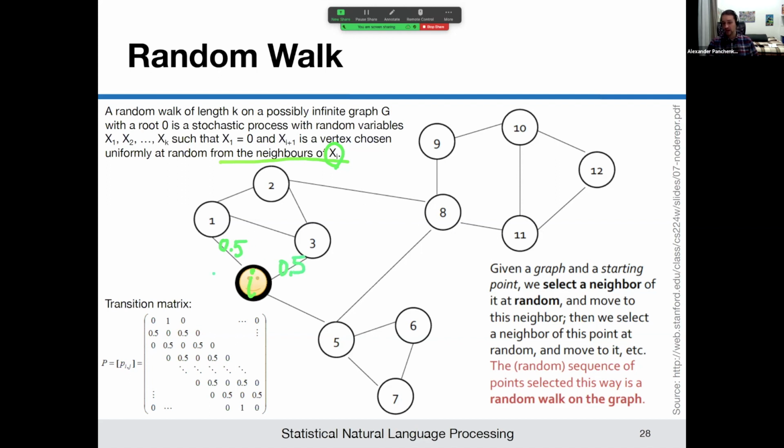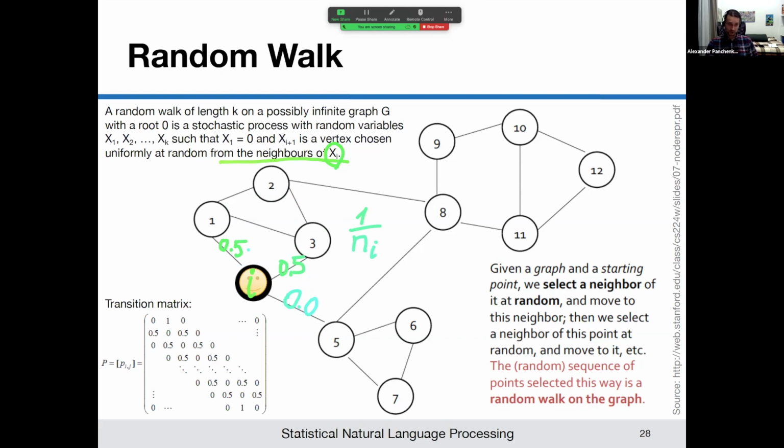If you don't have any weights, then the probability will be just proportional to 1 divided by n for this node, where n is just the degree of this node. Okay, sorry, so there are actually three edges. So in this case, maybe for some reason, you have just 0 probability of going here if you go to sum to 1.